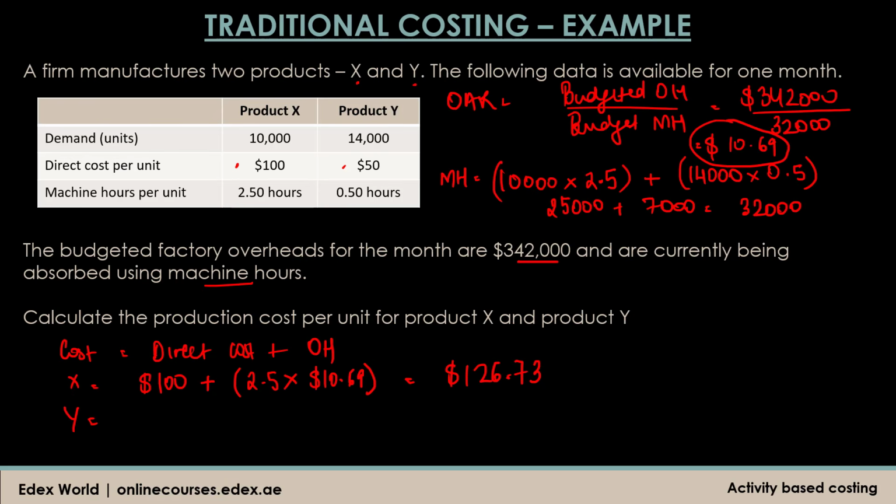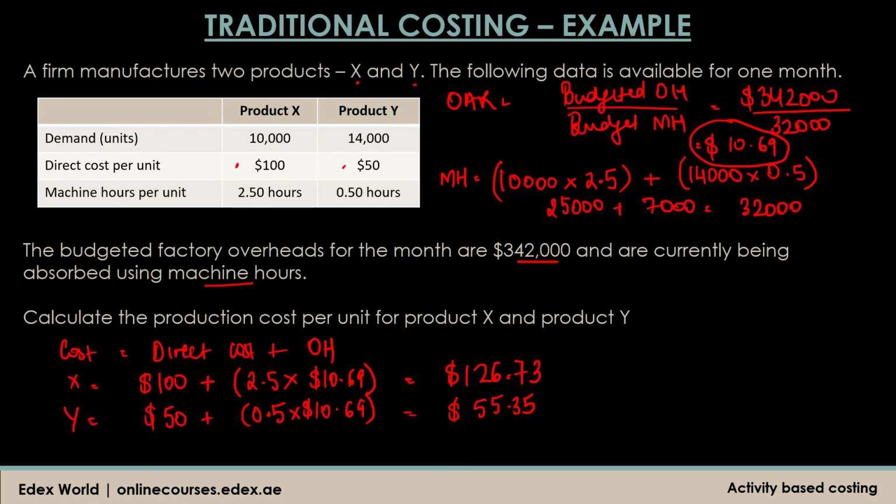Same way for product Y, direct cost is $50 plus 0.5 machine hours times $10.69 per machine hour. So the total cost of production works out to $55.35. So this is how you use the traditional costing method to calculate the cost of production. First the overhead absorption rate, and then the cost of production.